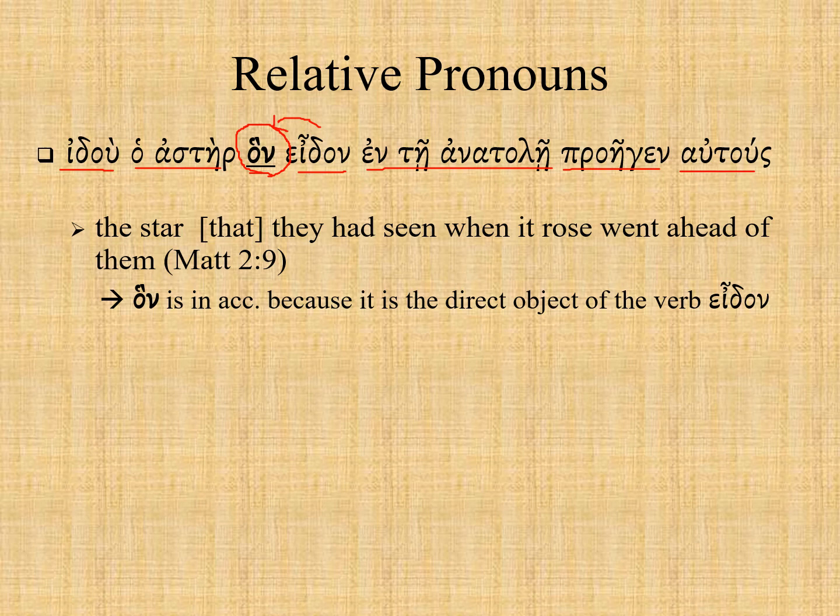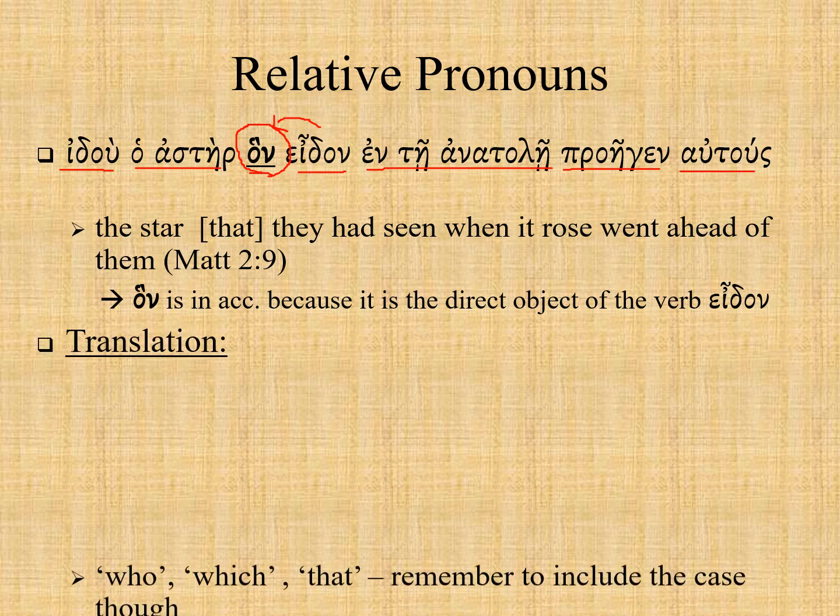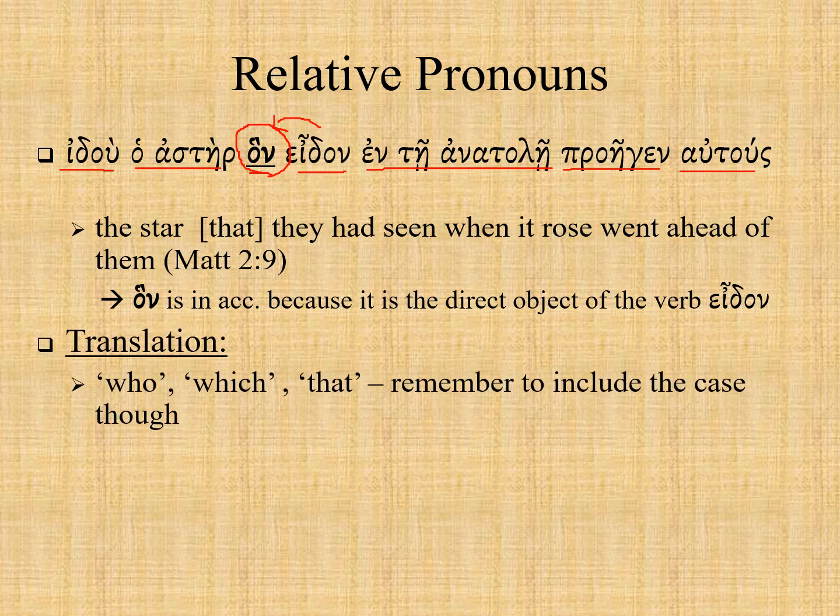Now remember, you don't have to be able to translate from English to Greek, but just to take note of the case and how it functions in the sentence in order to be able to translate. So translation in this situation cannot be who because we're talking about an object, not a person. So whenever we translate, we have to see whether the context would most clearly justify translation who, which, or that.